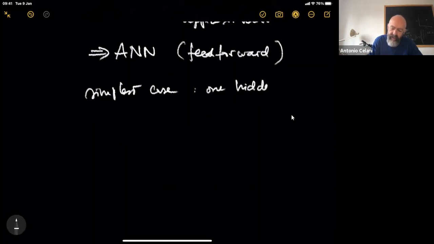I am assuming that you have some qualitative understanding of what I'm talking about when I talk about feed-forward neural networks. Is anyone totally in the dark? My dear diploma students, have you been discussing this already with someone? I guess so. No? First time ever that you hear artificial neural network? Yes.